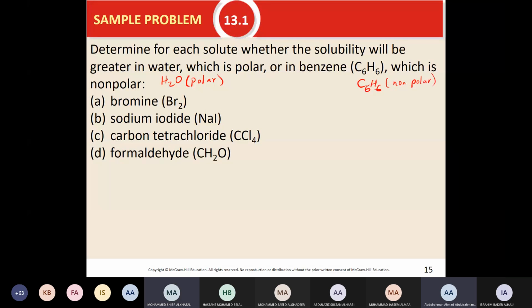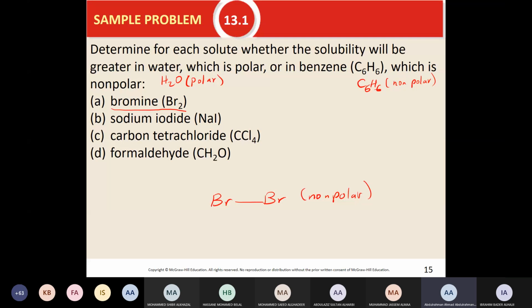You have to keep this in mind because there is no difference. We said that the bond between C and H is always non-polar. Okay, let's look at this example. Bromine. Where does it dissolve? In water or in benzene? In benzene, because it is non-polar.